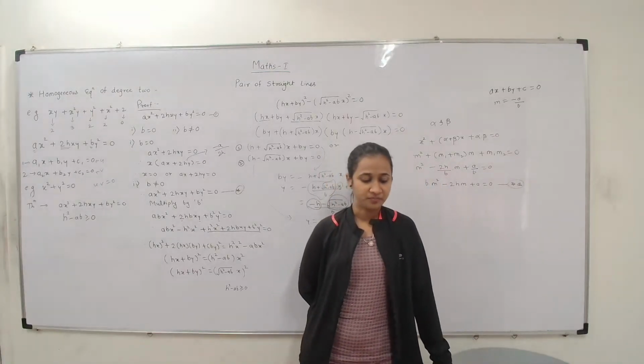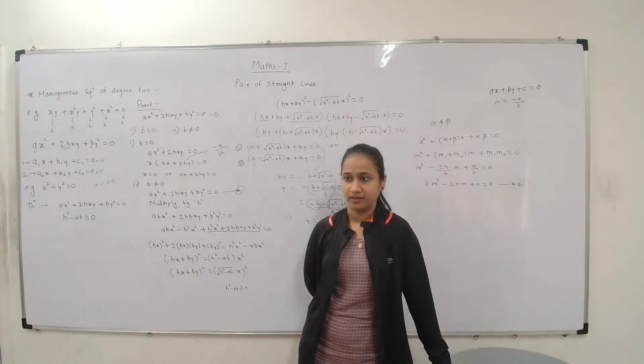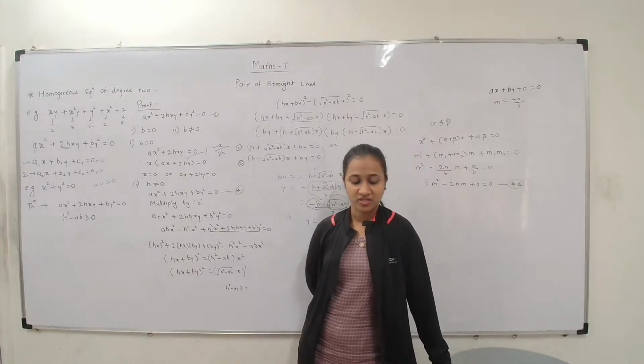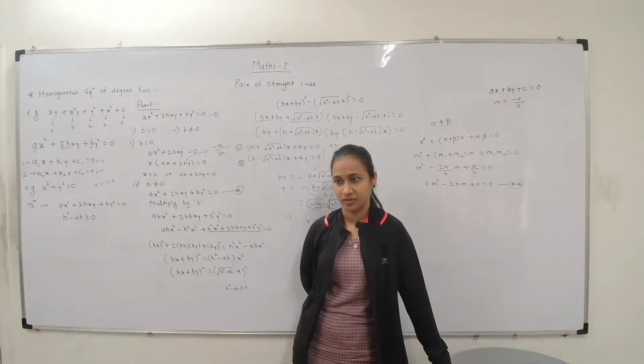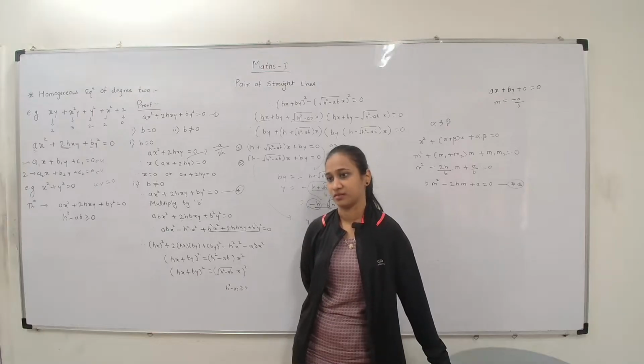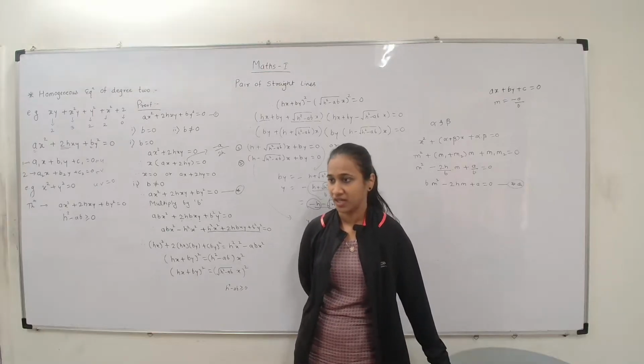Question number 5. Find the value of k if 2x plus y equal to 0 is one of the lines represented by 3x square plus kxy plus 2y square equal to 0. Line, plane, pair of straight line, vector, याच्यामध्ये question समजला पाहिजे. You have given one combined equation.